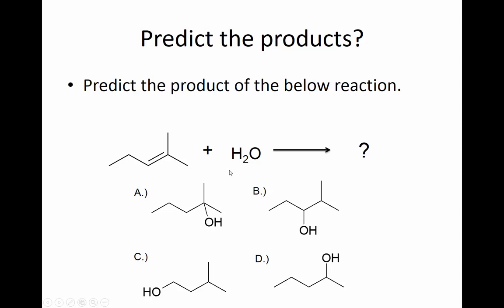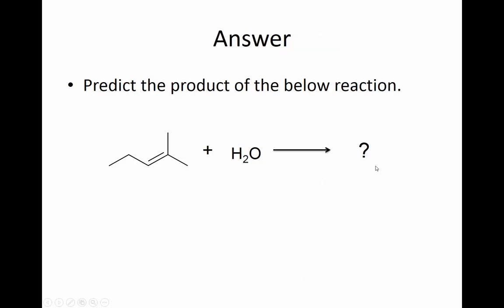Again, we think to ourselves, which of these two carbons is more substituted? Whichever that is going to get the hydroxyl group added to it. That essentially rules out B and tells us that A is the right answer. That is going to be the major product of the below reaction here.